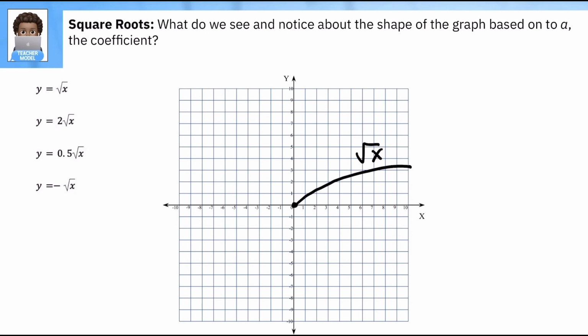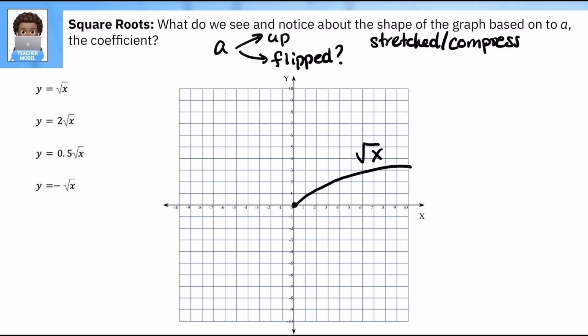So we're going to start with a. And a tends to be the one that tells us, is it up or is it flipped? And it also tells us if it's stretched or compressed. So let's make some predictions.